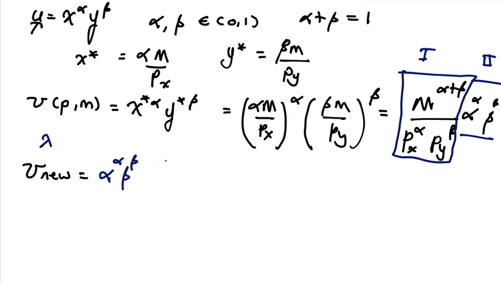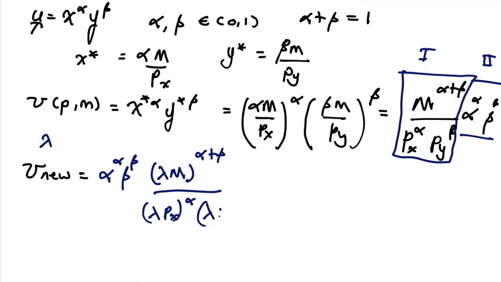And then what we need to do is multiply m by lambda, then the whole thing to the power of alpha plus beta, and then divided by the price of x multiplied by lambda, then the whole thing to the power of alpha. Do the same thing on the price of y, then to the power of beta.